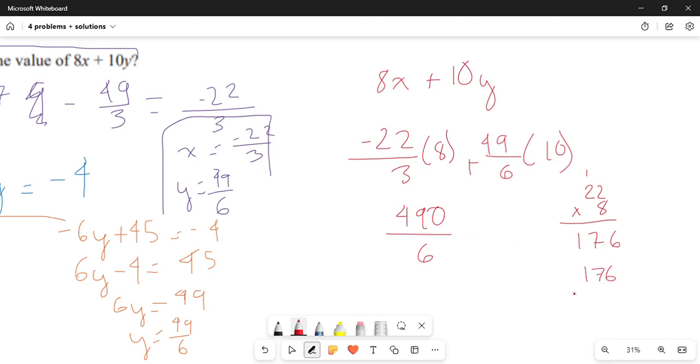So we do 176 times 2, which is basically, let me just do it. So 2 times 7 is 14, then add 1, 15. And then 2 times 1 is 2 plus 1, so 352. And look at the sign, so we're subtracting it. This is going to be our answer.